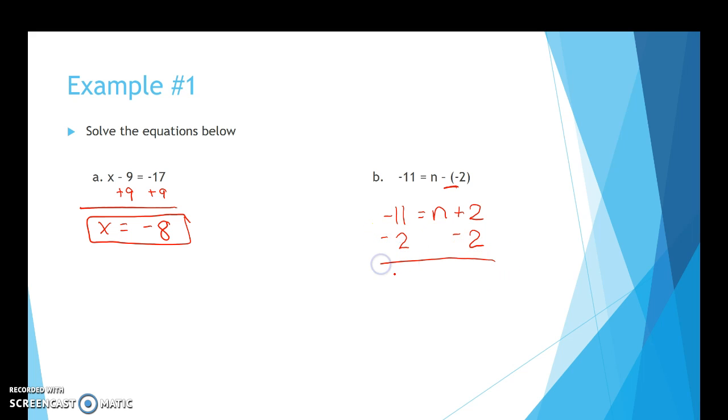So what we're going to get here is, I always like to write the final answer with the variable first. So it's going to be n equals negative 13. And that would be my answer. Notice I show my solution steps by subtracting 2 from both sides and then writing my answer. So you're showing your work, those solution steps.